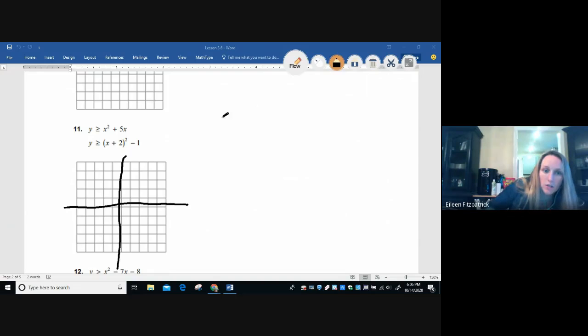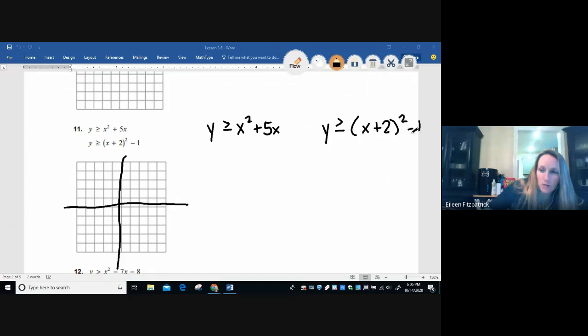Okay, so we have y is greater than or equal to x squared plus 5x, and we have y is greater than or equal to (x plus 2) squared minus 1. So for this one, the vertex is -2, -1. It opens up. There's no vertical stretch or shrink.